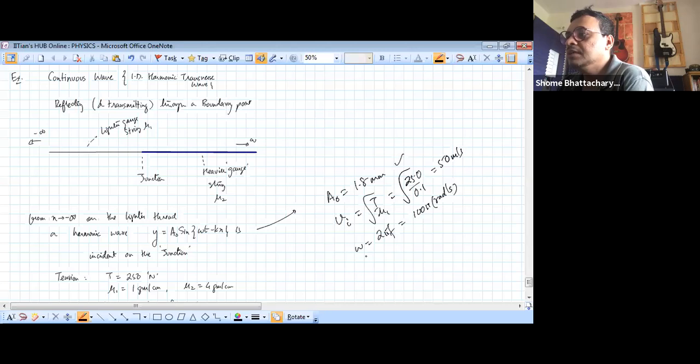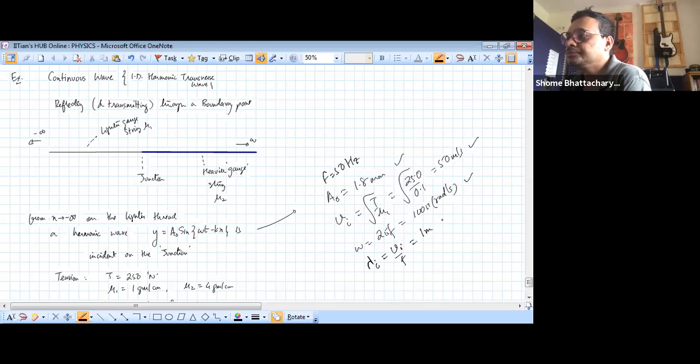So lambda for the incident wave, frequency will be common, so I'm not labeling frequency as incident or reflected. So lambda of the incident wave will be v incident upon f, so 50 divided by 50, so 1 meter. Frequency was 50 hertz.